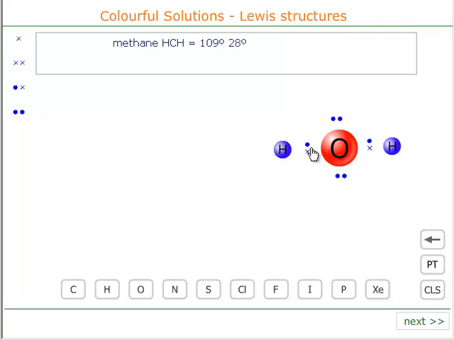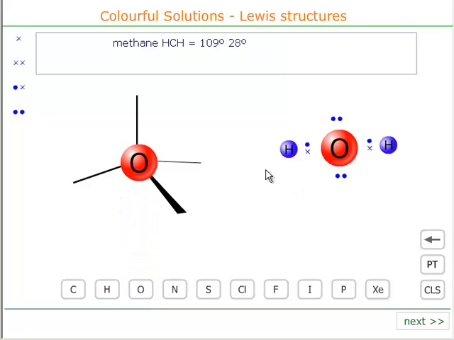Now once again, we should easily be able to see there are 1, 2, 3, 4 regions of negative charge. So once again, these regions of negative charge are going to arrange themselves in the form of a tetrahedron. But this time only 2 of the hydrogens are going to be in the shape.